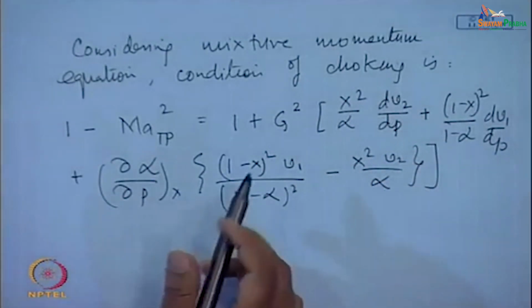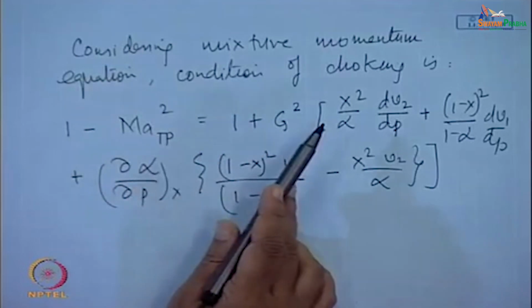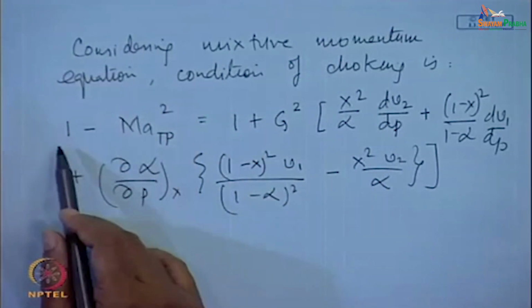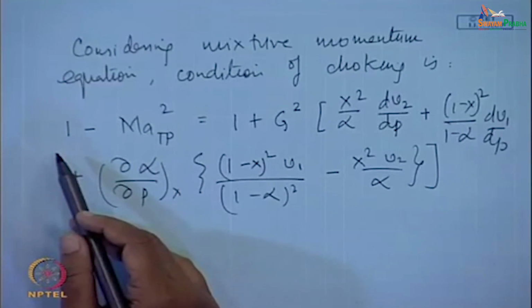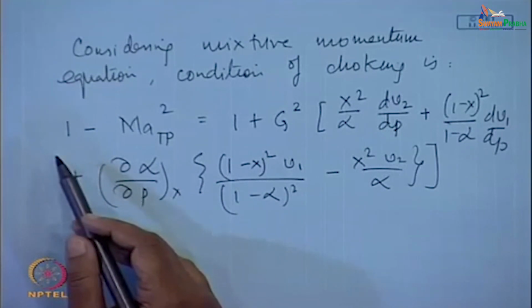Okay. So, therefore, now for the condition of choking 1 minus MATP square should be equal to 0, or in other words we get the condition of choking for a unit value of Mach number.